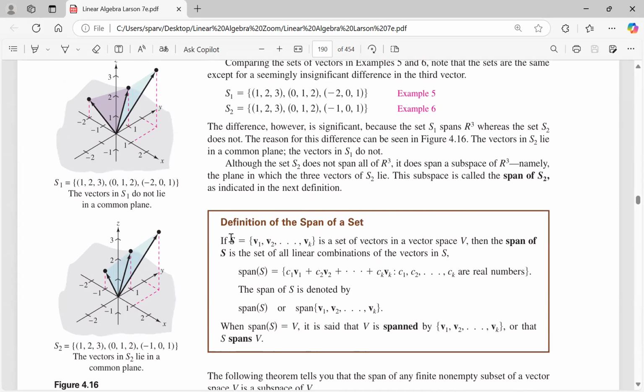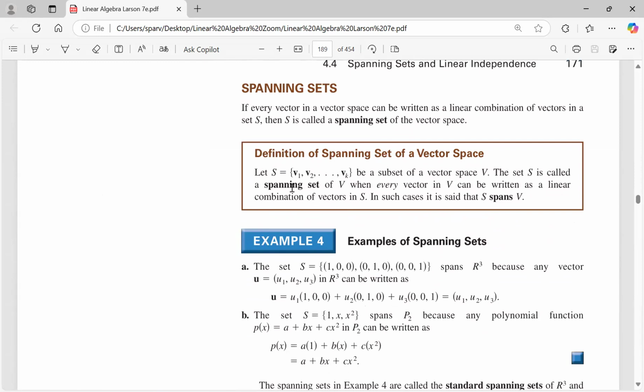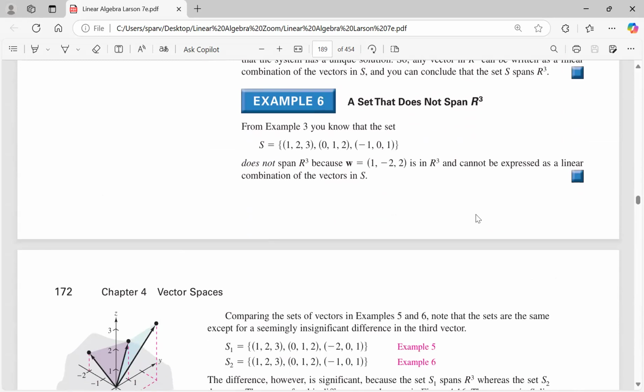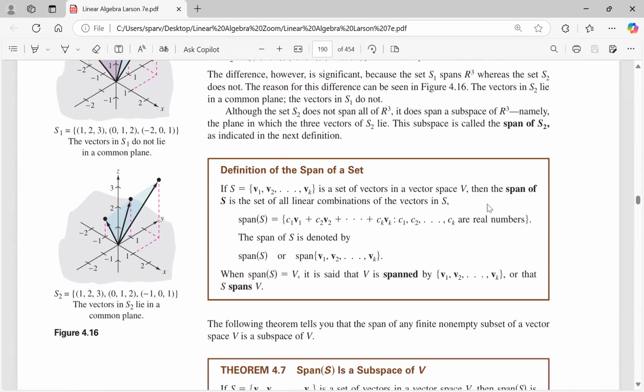If S is a set of vectors in the vector space, the span of S, not V, is all linear combinations of vectors in S. Remember, S spans V, the vector space; it covers every vector in V. We're now defining what the span of a set is. It's all linear combinations in S.